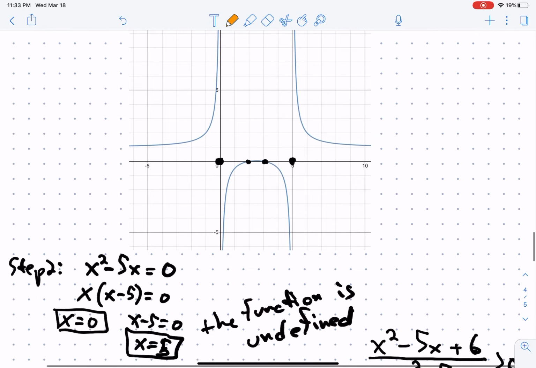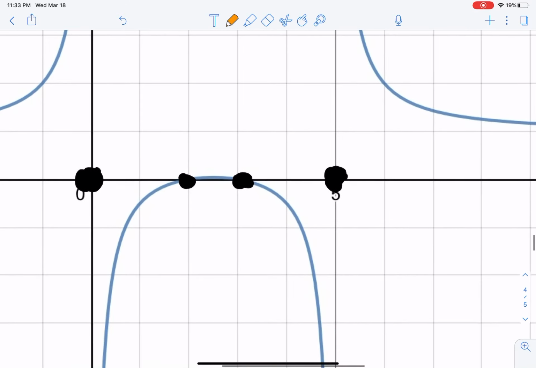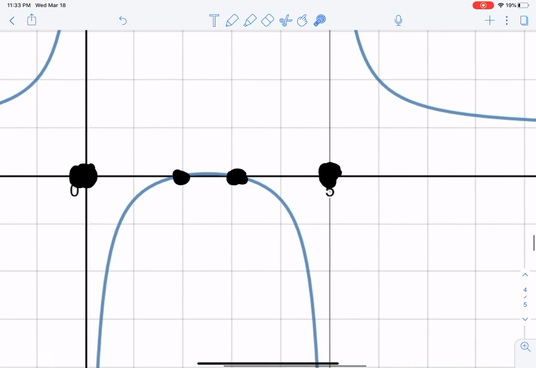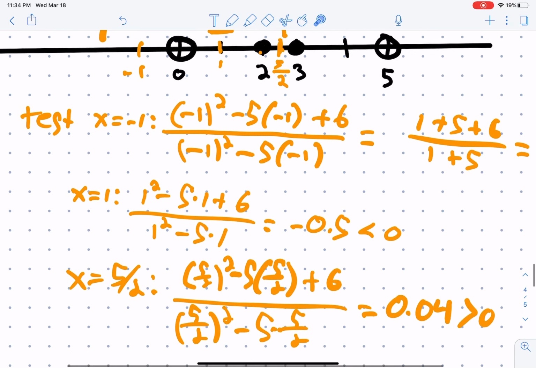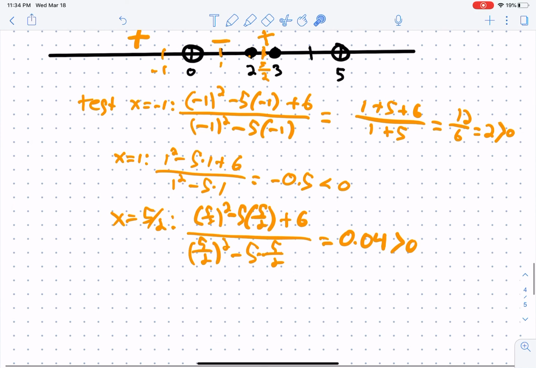That corresponds in the picture to this little part of the function here, and it says that it is positive. It's above the x-axis there, although it's a little bit hard to tell when you're zoomed out. Okay, let's keep going. If we test x equal 4, we get an output of the function of negative 0.5.